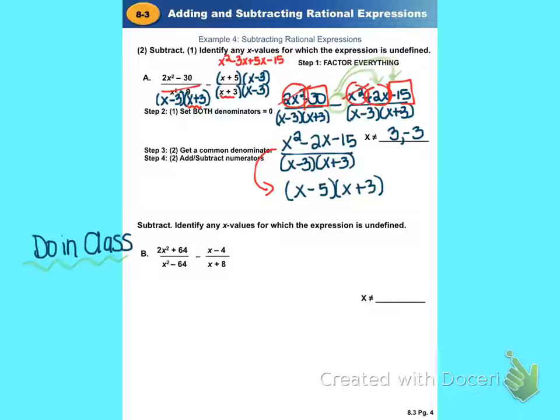That works. And now I can see that my numerator and denominator have a common factor of x plus 3. So I can go ahead and cancel those out, and all I'm left with is that x minus 5 over x minus 3. And that's my final answer in its simplest form.